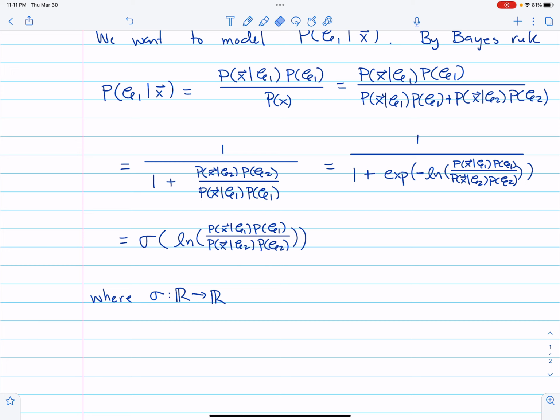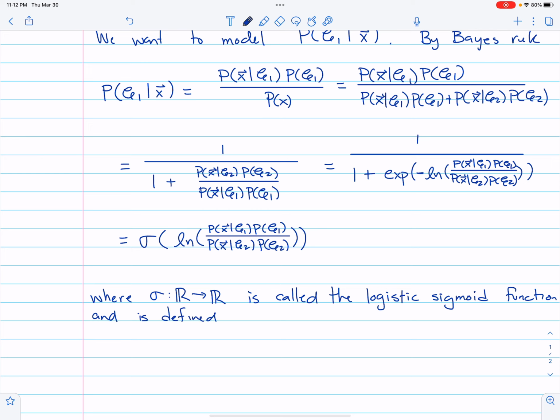It is called the logistic sigmoid function, and it's defined by sigma of z equals 1 over 1 plus e to the negative z.